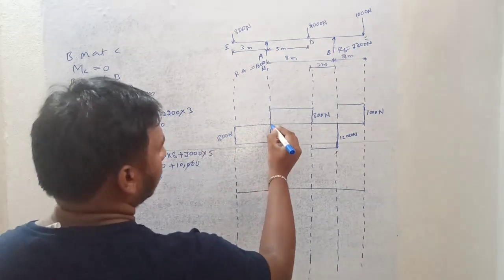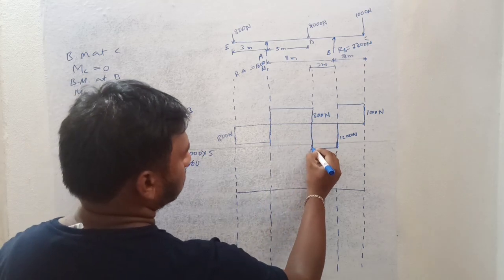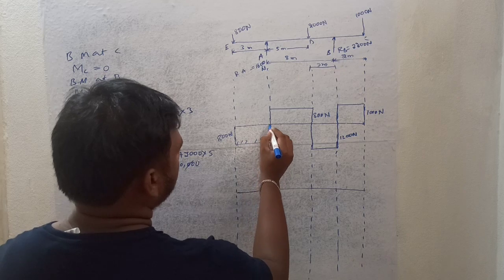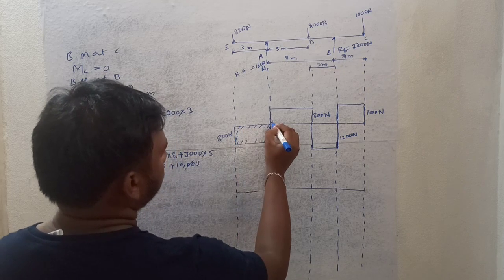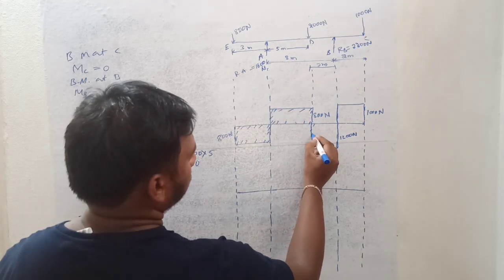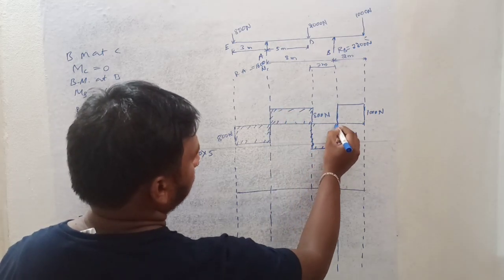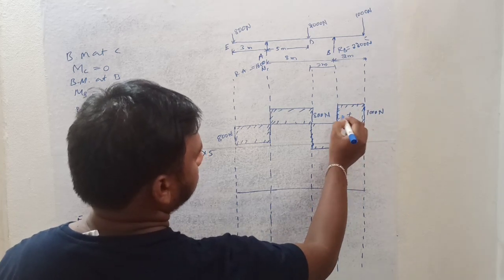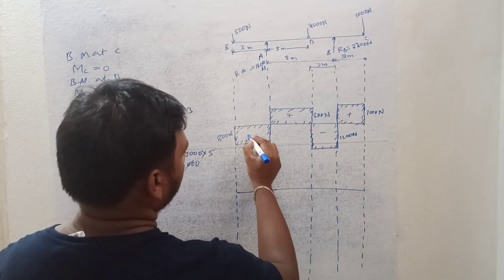So this will give the shear force diagram. This is positive, positive, negative, negative.